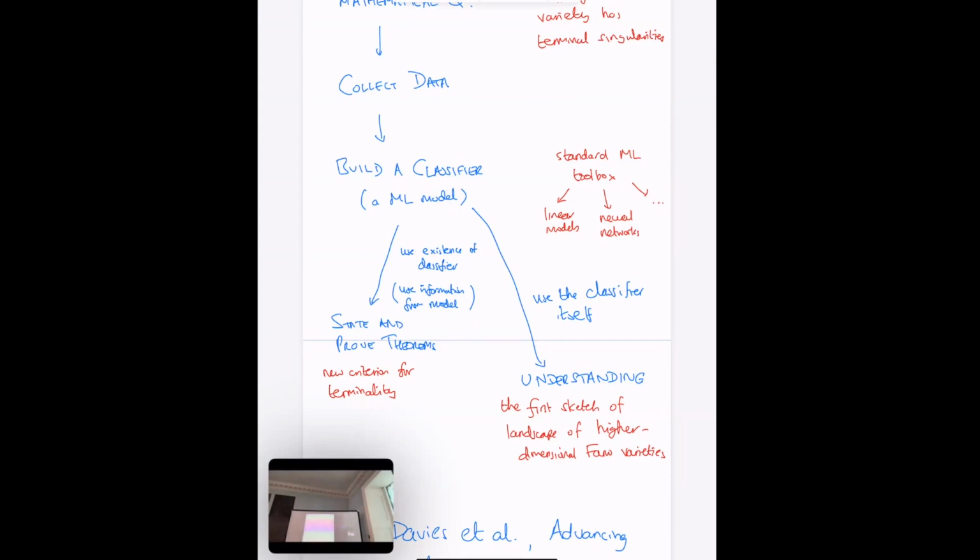The second output, I'm very sorry, I'm going to overrun by about 3 minutes because I really like this bit and I want to tell you it. So we were trying to understand the landscape of Q-Fano varieties, right?